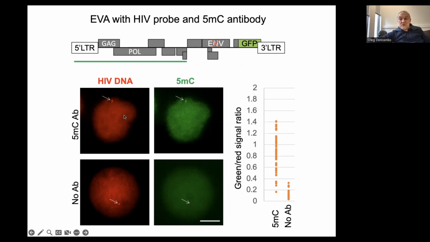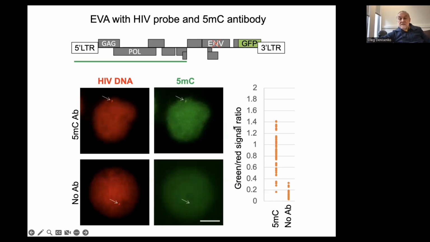So in this figure, you can see example of representative cells where you can see red signal, one per nucleus, and the green signal, which is the measurement for the 5-MC DNA methylation intensity at the locus. And in the control experiment, no antibodies were added. And you can see that there is still red dot, one per cell, and there is no green signal.